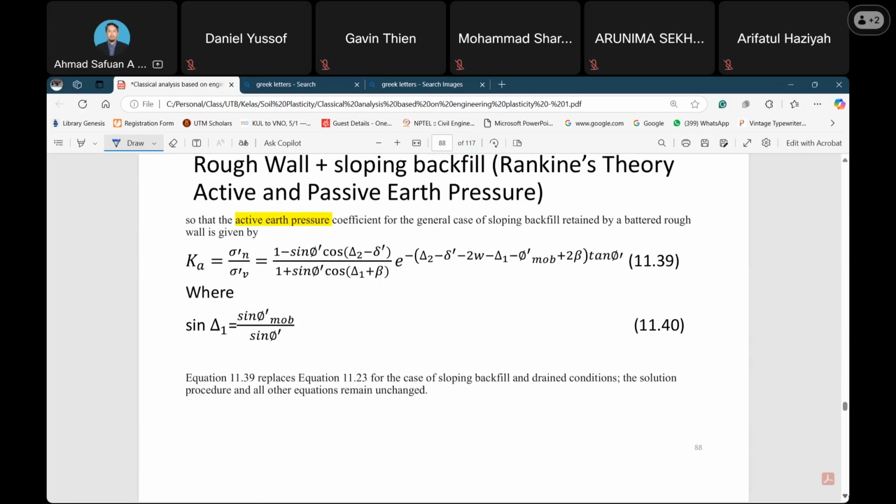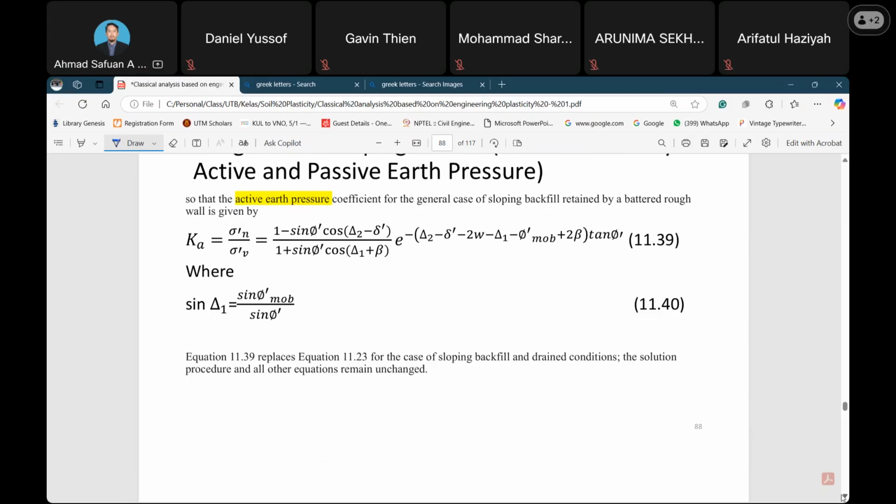Later on, the KA from these problems can be obtained based on the equation in 11.39. So sine delta 1 can also be looked up in 11.40.